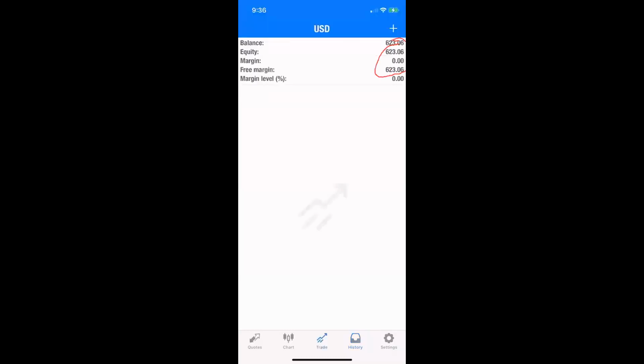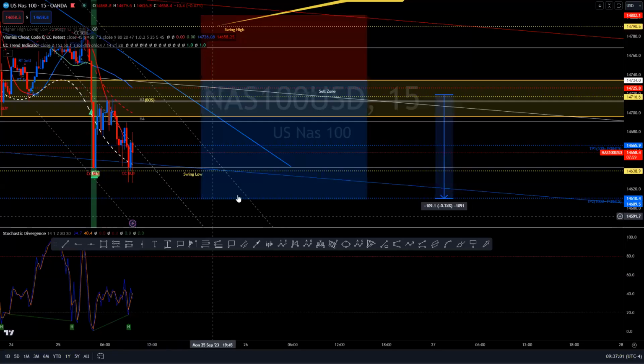Yep, so $65. So not bad. So it looks like this new indicator is very accurate and it's helped with this as time goes on. Good results we get. We got some good results today.